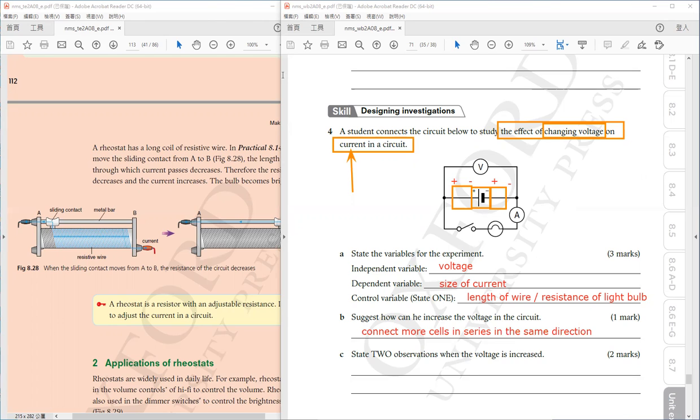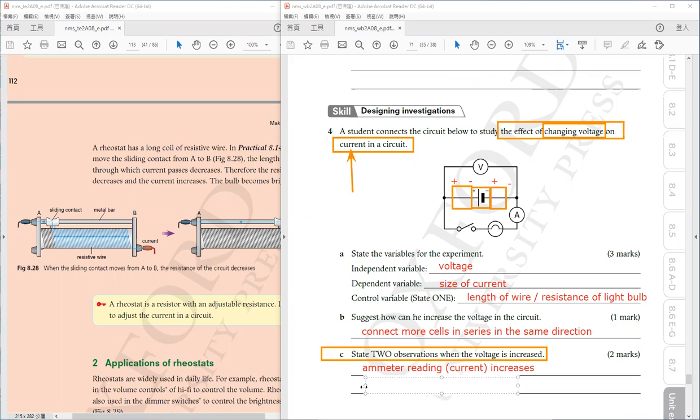So when the voltage is increased, observation: the ammeter reading increases. That means the current increases.